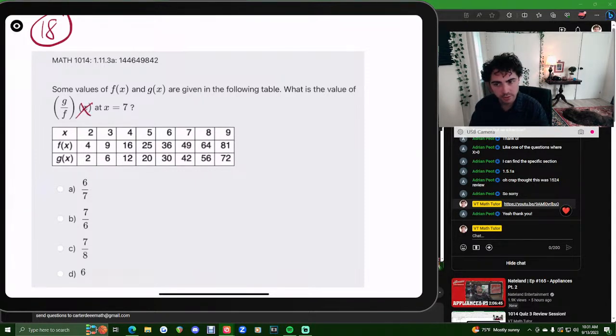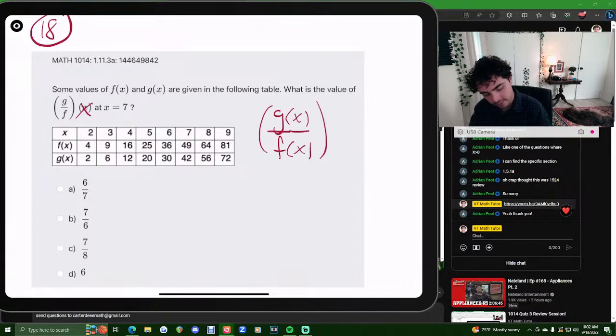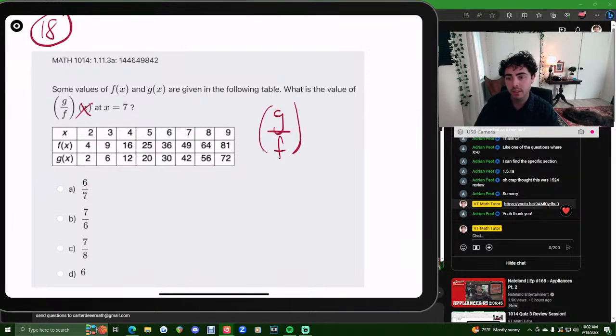Them saying g over f of x is the same thing as g of x divided by f of x. It's the same exact thing. Don't let it confuse you. Let me simplify it even further: this is just g divided by f. So really I would just think about it as, what is g divided by f at x equals 7?